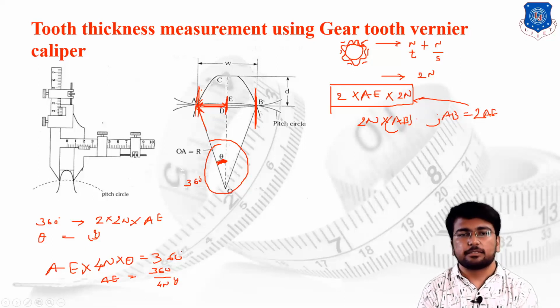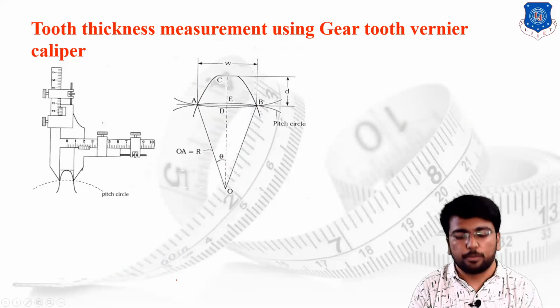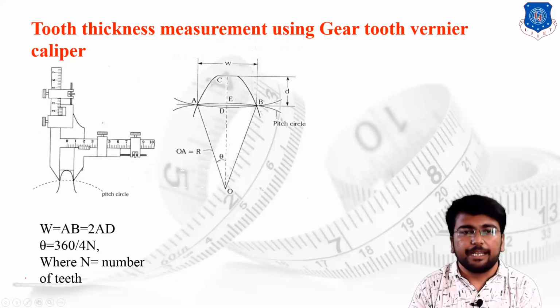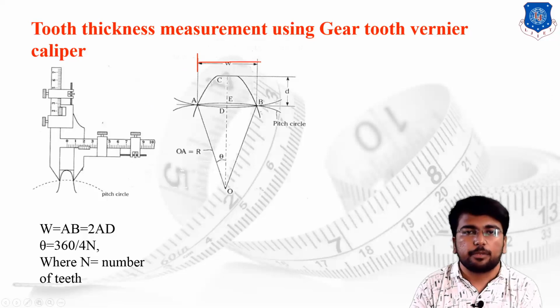I can write this as a very basic concept. I hope you have properly cleared the concept. Then if I have to find the value of W over here, what is W? W is equal to AB. Now what is AB? AB is equal to twice of AD.